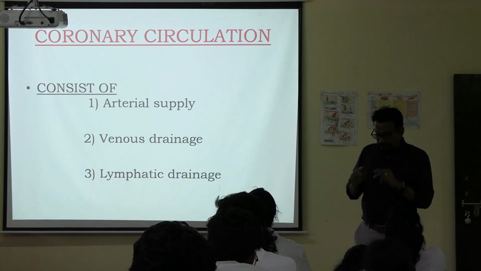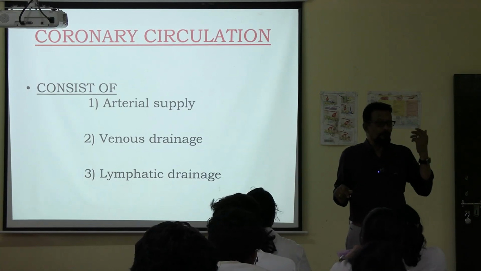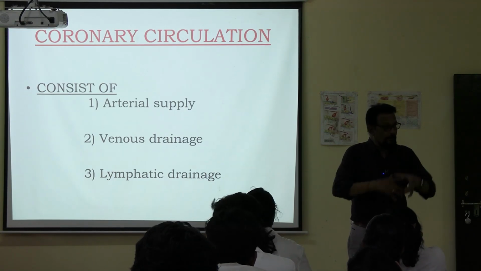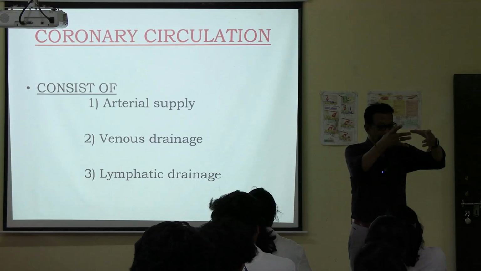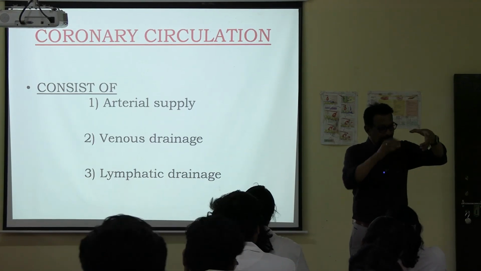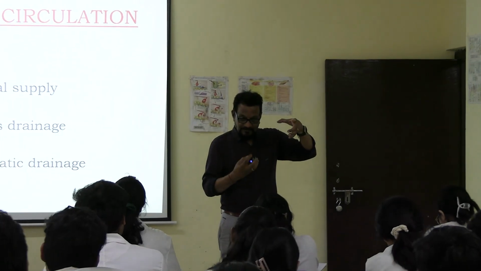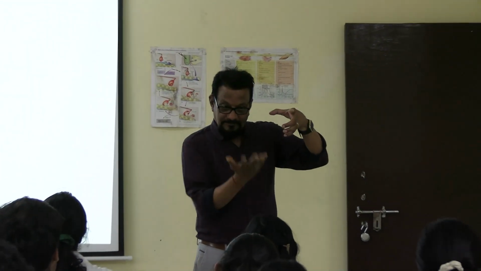From where do these two coronary arteries originate? From the aorta. Suppose this is the beginning of the aorta. At the beginning there are aortic valves, and they open outward. When blood tries to enter back into the ventricle, the cusps close. So at the root there are valves, and these valves are semilunar valves.